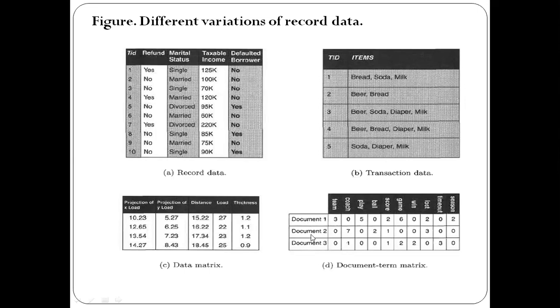In the same way, in document 2, team appears 0 times, coach 7 times, play 0 times. So each document is represented as a vector, and its values represent how many times each term appears in that document. This is the third type of record data.